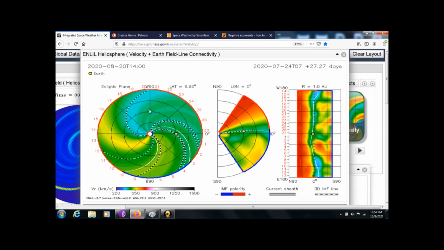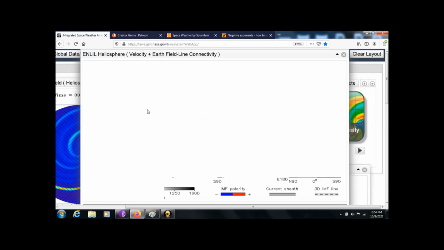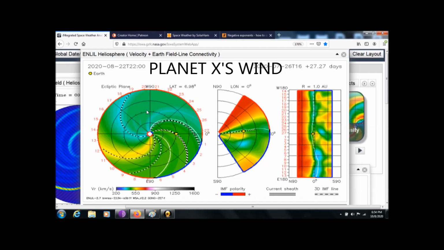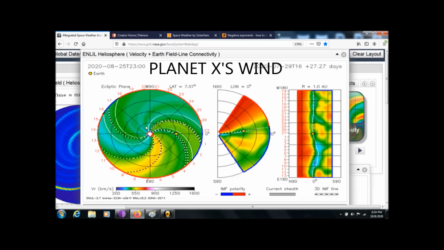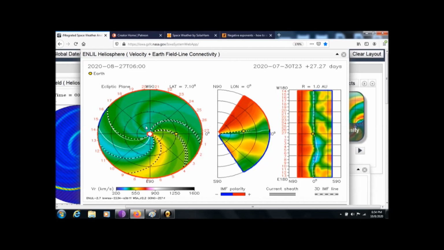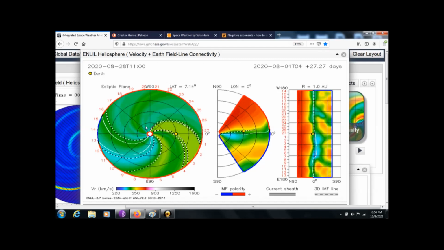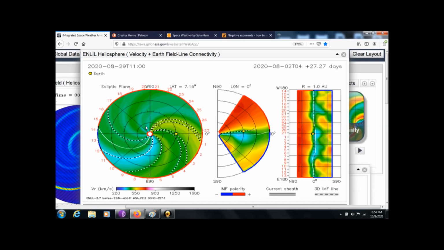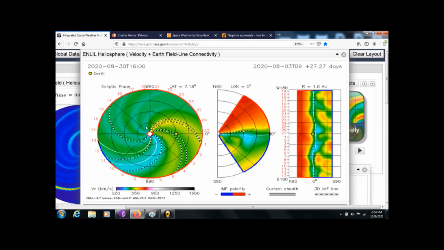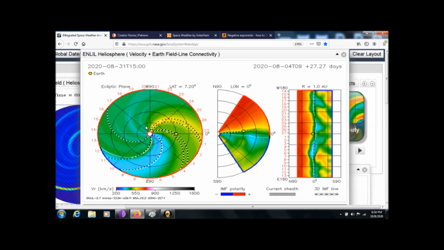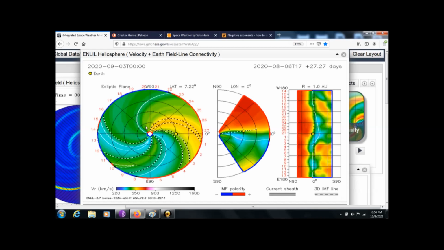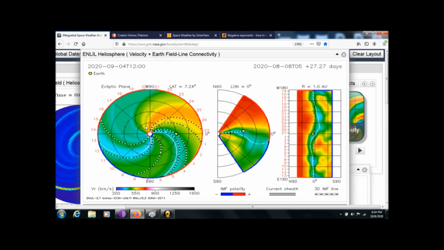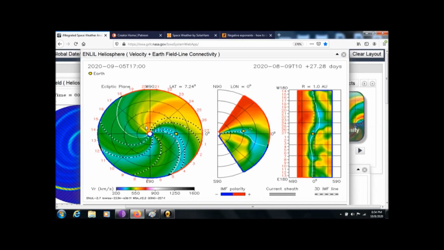Because they're traveling in the same direction as Planet X. And so again, this simulation validates and verifies that we know where this brown dwarf is. And we think it's exiting the solar system, which is good news, but it's leaving its particles throughout the entire solar system. Those particles will not completely clear out till about 2023.